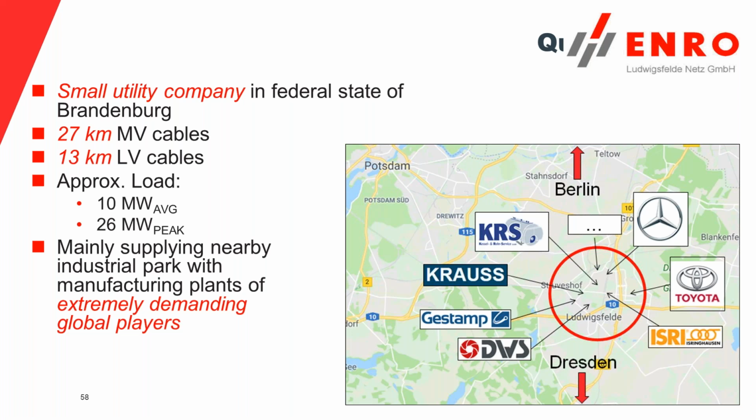You have Kraus, you have Gestamp, all of these mid-sized but globally operational players, and you have some corporates there. So if you have a cable outage in Enro, the red phone is calling you immediately. So they have a very big interest in keeping the lights on.